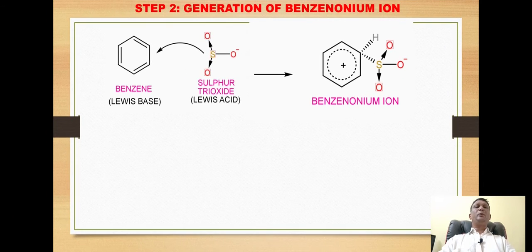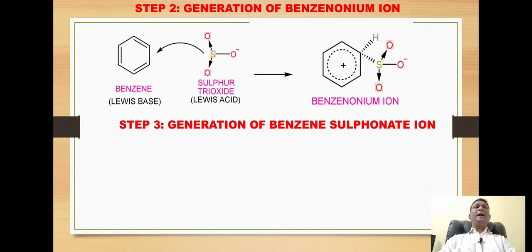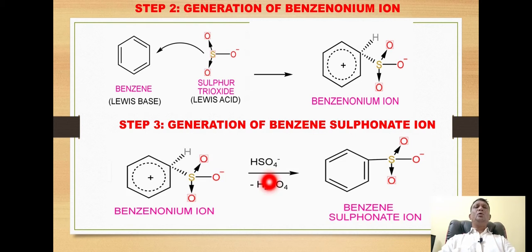Though this benzenonium ion is unstable, it loses the proton as the H plus ion to the bisulfate ion.